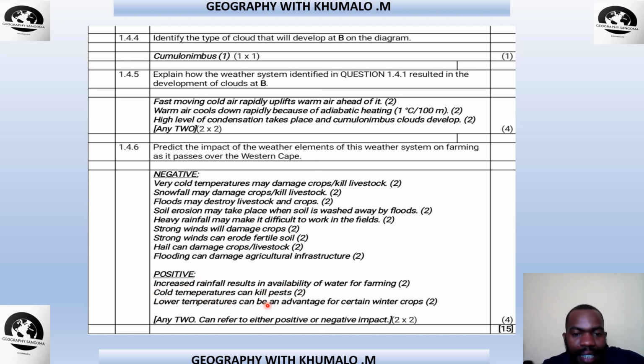Cold temperatures can kill pests, and low temperatures can be an advantage for certain winter crops. For those crops that do not require heat, that can sustain frost, the frost-resistant crops may be planted during that system as it is moving over Western Cape. So that was it for your mid-latitude cyclone.